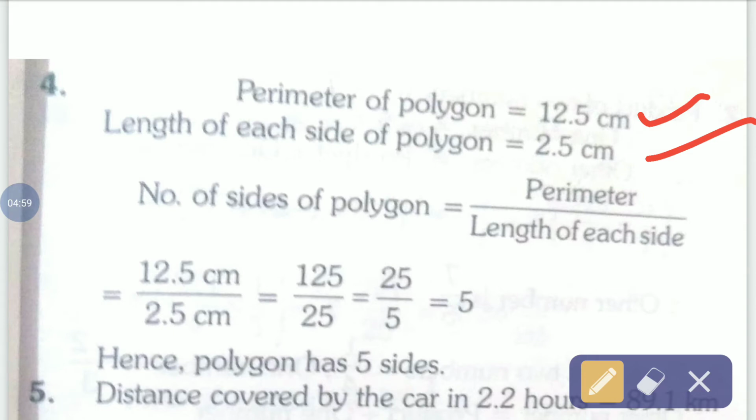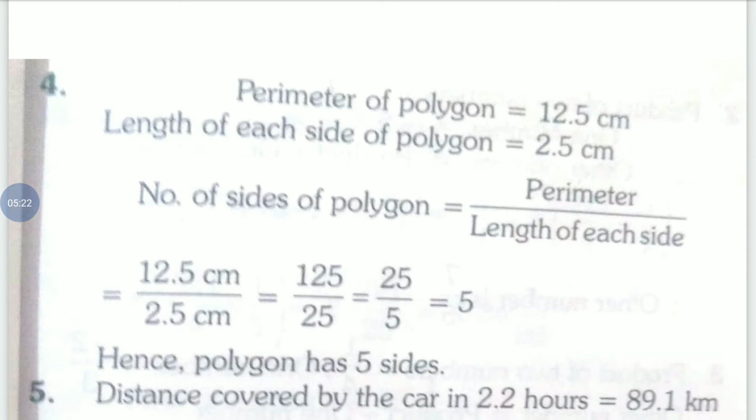As the divisor has a decimal point, you have to move it by one digit, so the number will become 25. If you move it in the denominator, you have to move it in the numerator also, so your number will become 125 divided by 25, which is a division without the decimal point. Normally you can do it, and you will have the answer 5. So the polygon has 5 sides.